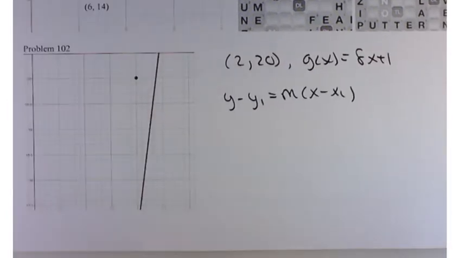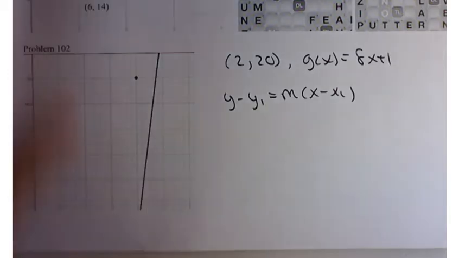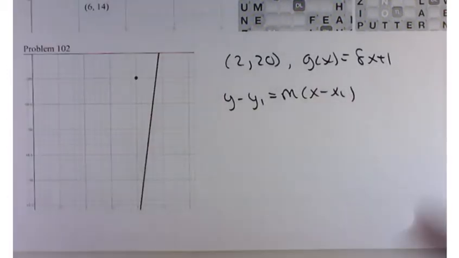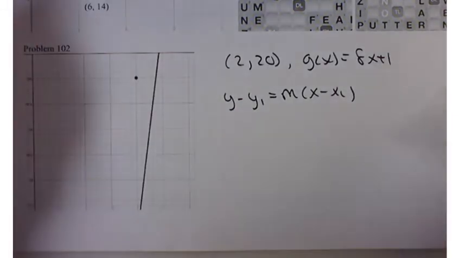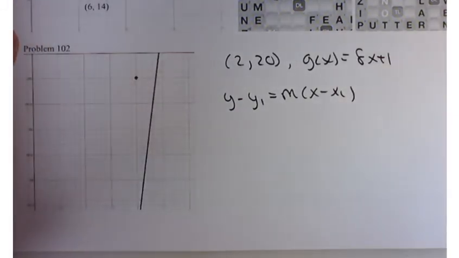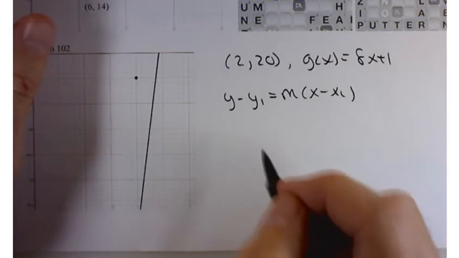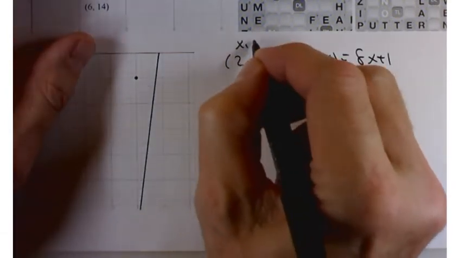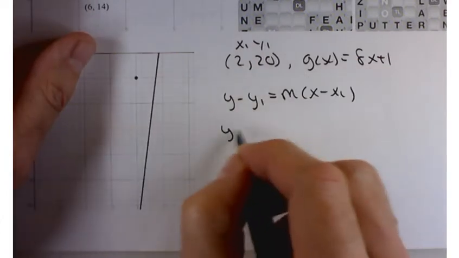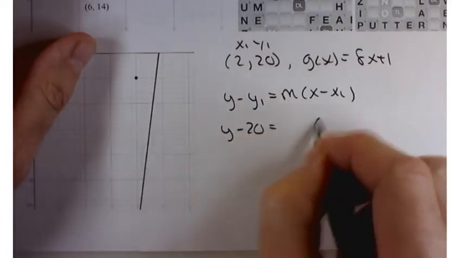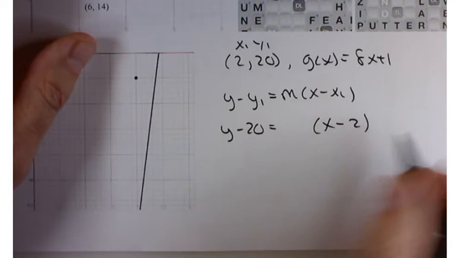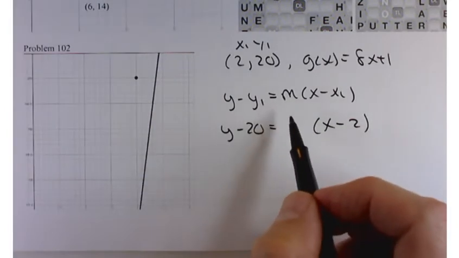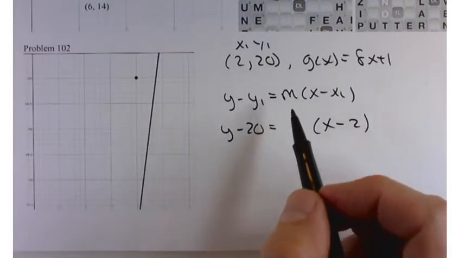This is a nice problem, and the mathematics department in general kind of likes this problem as maybe a final exam problem, even though it's not really covered that extensively in this course. So kind of a heads up on that one. Here's your x1, y1. So y minus 20, x minus 2. But what am I going to put in for the slope of this line? 8.